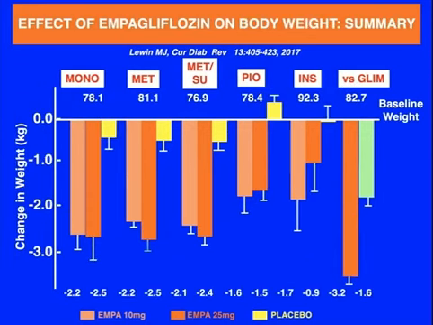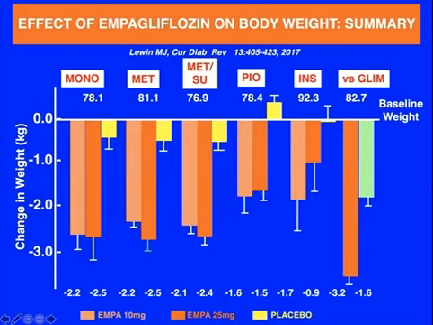Let's now look at what happens to body weight. We'll start here with drug-naive patients. You can see down at the bottom, about 2.5 to 3 kilogram weight loss. Basically, the placebo is doing nothing. Same effect when you add it to metformin, or to combination metformin and SU therapy.